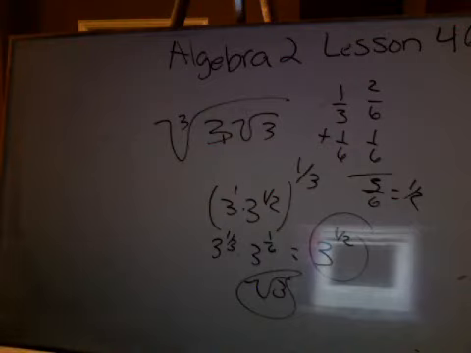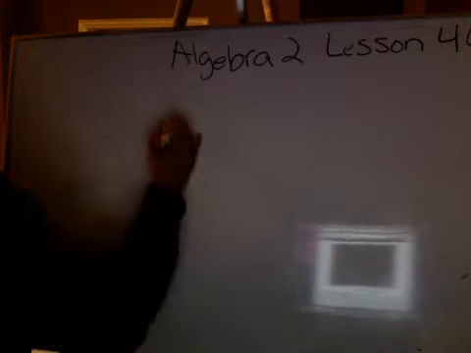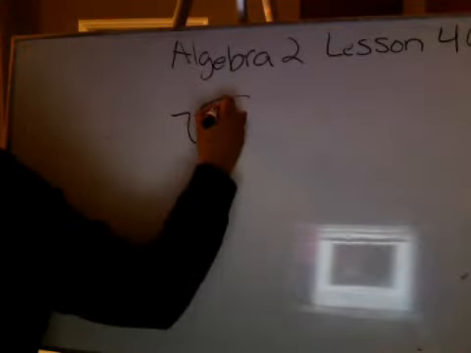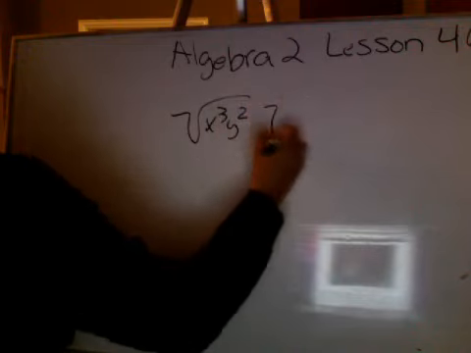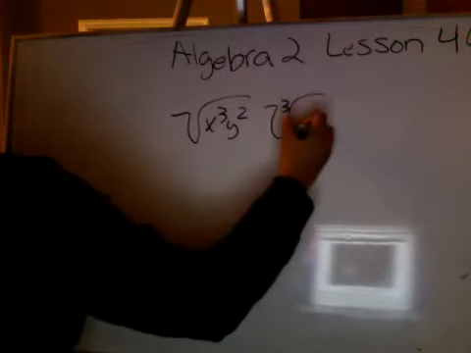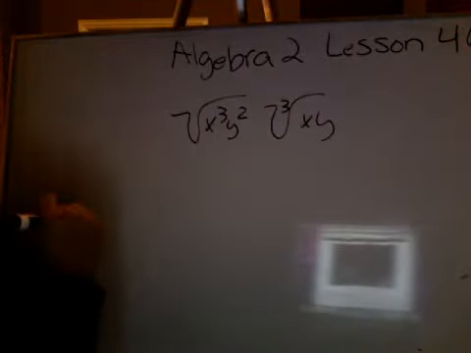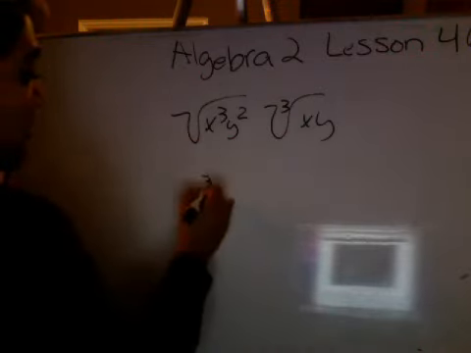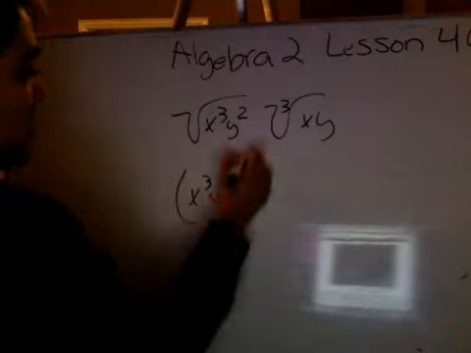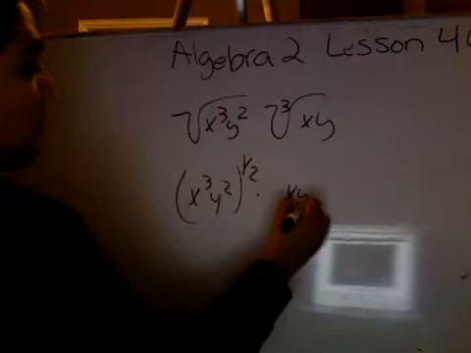Okay, so let's look at another one. A little bit more complicated. Not really, but you might think so. The square root of x cubed y squared times the cube root of xy. Now, these aren't under this, this is not under this, so that implies multiplication. I can say x cubed y squared raised to the 1/2 power times xy raised to the 1/3 power.